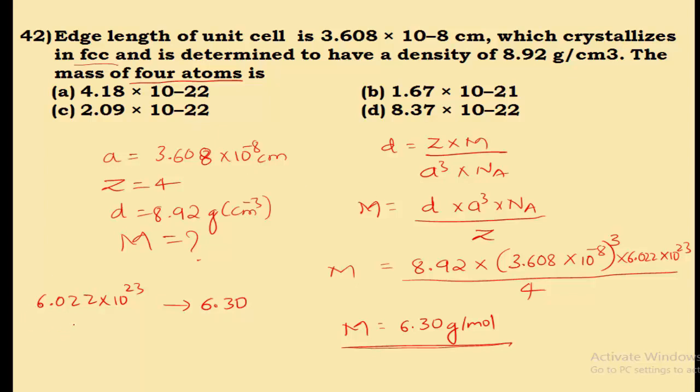So the mass of 4 atoms will be, call it x. So now simplify, x is equal to 6.30 into 4 divided by 6.022 into 10 raised to 23. So on simplification, you will get 4.18 into 10 raised to minus 22. So the mass of 4 atoms will be 4.18 into 10 raised to minus 22. So option A will be the right answer.